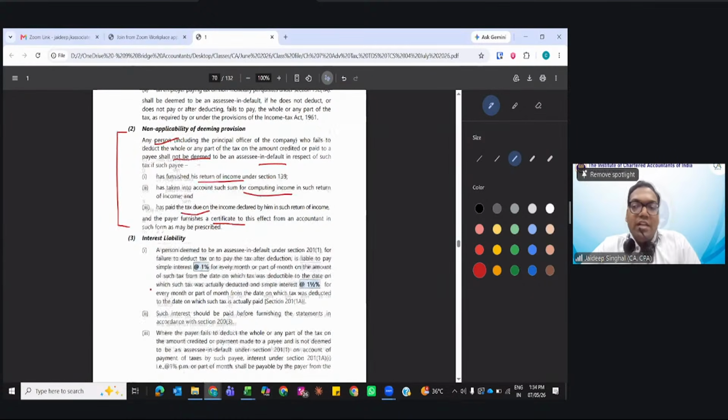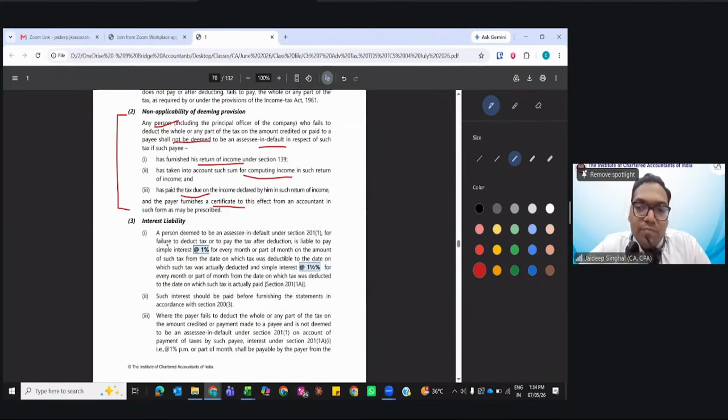So if there is a failure to deduct, simple interest of 1% per month is charged. If you have deducted but not deposited, then 1.5% per month is charged. If you have deducted but not deposited, you have done a serious crime. 1.5% per month is charged.